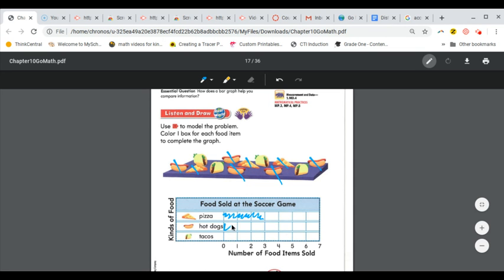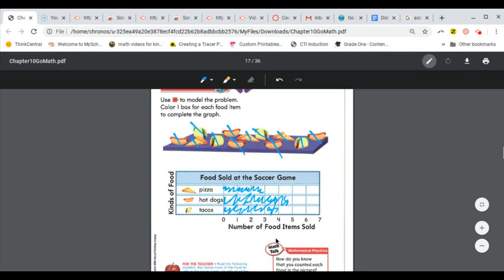So he sold 5 hot dogs. Now we're going to count our tacos. 1, 2, 3, 4. So he sold 4 tacos.